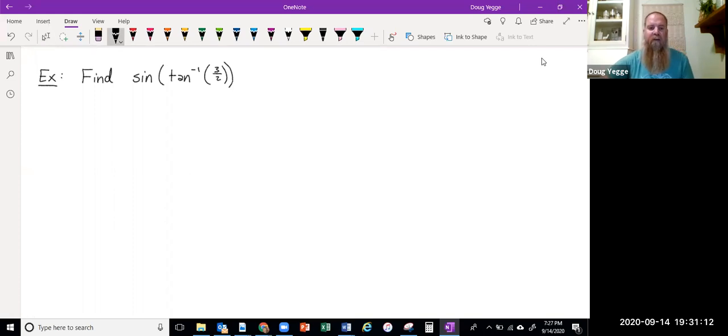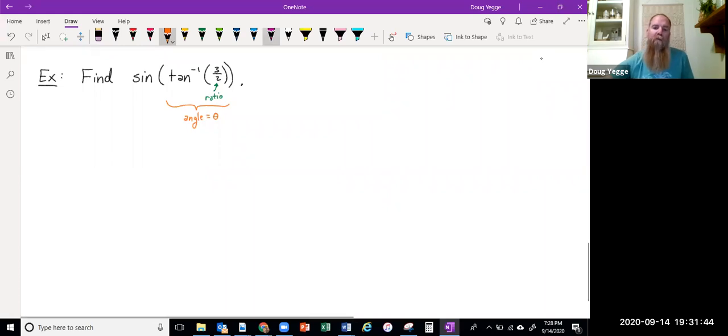So now let's take a look at this problem. We're expected to find sine of tangent inverse of 3 over 2. So we first of all want to start to interpret what each of these things mean. First of all, 3 over 2 is describing a ratio on some triangle. And I should also recognize that tangent inverse of 3 over 2 is representing an angle called theta.